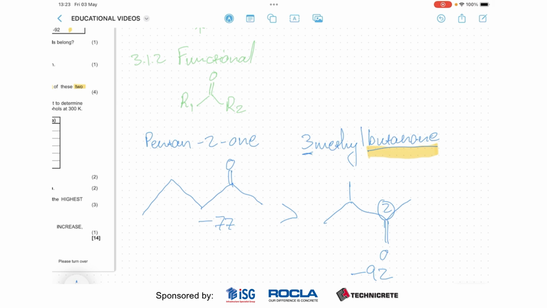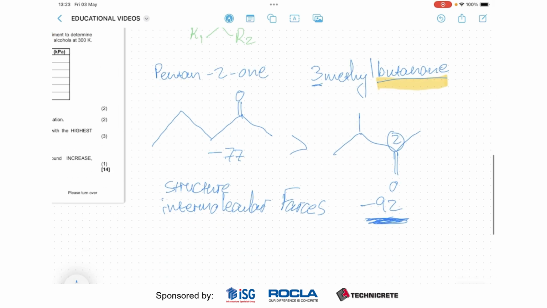There's a couple of reasons. The first one you could talk about is the structure, that's the long chain versus the branching. Next, you would have to relate that structure to intermolecular forces, how the structure impacts the intermolecular forces. Finally, you have to relate these forces to the amount of energy required in order to melt these materials.